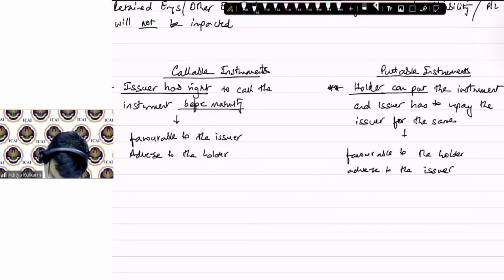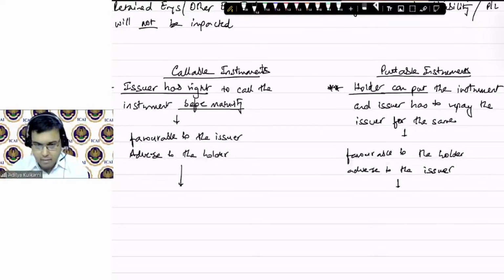Okay. Now, if I take things a step forward, suppose I have a plain vanilla instrument. Plain vanilla instrument means none of these exotic toppings. There is no option, nothing puttable, nothing callable, nothing. Just a simple, plain instrument.